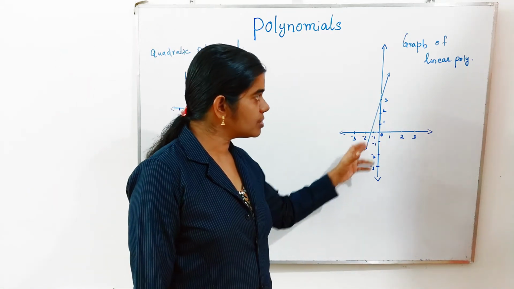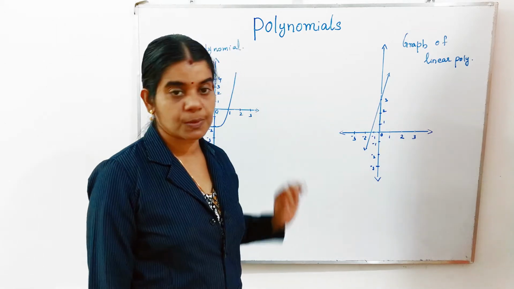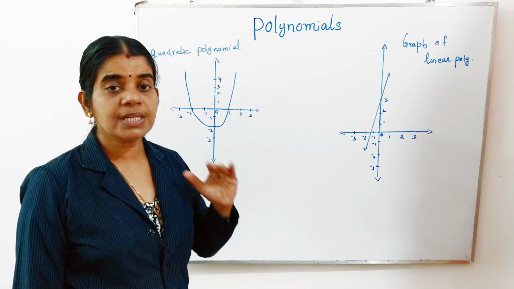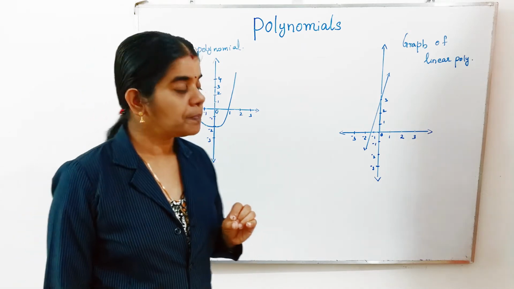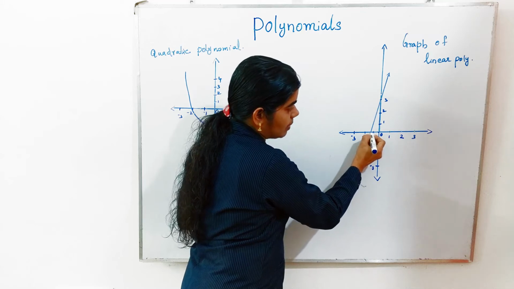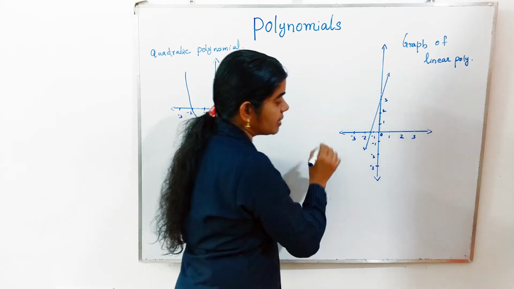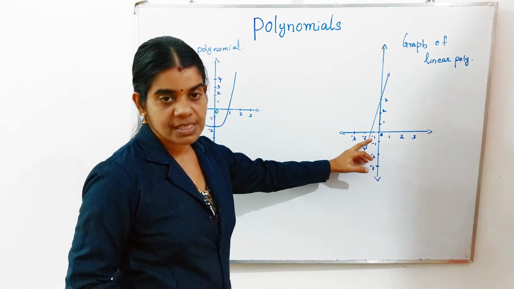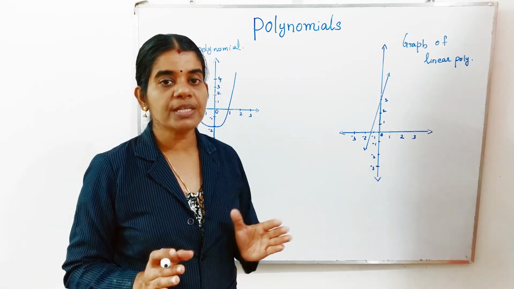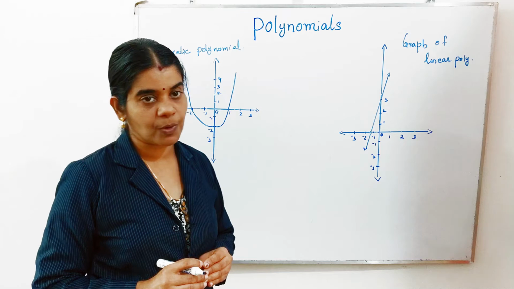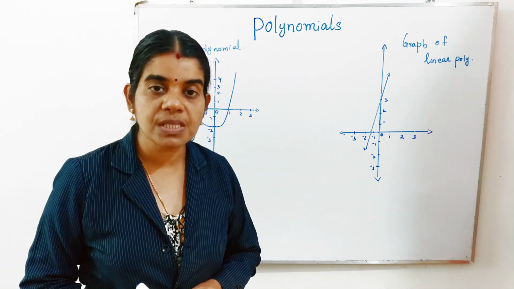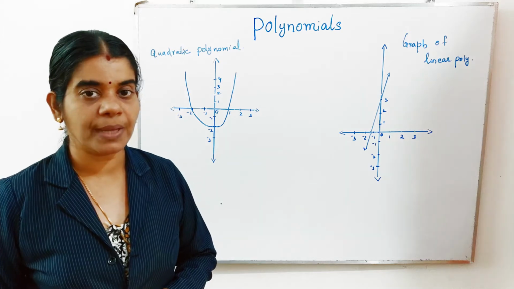Just I have drawn one linear polynomial and its graph also. Where this graph touches the x-axis, this is the point of intersection of the x-axis with this graph. That point will be the zero of the given polynomial. So by graphical representation also we can find out the zero of a linear polynomial.